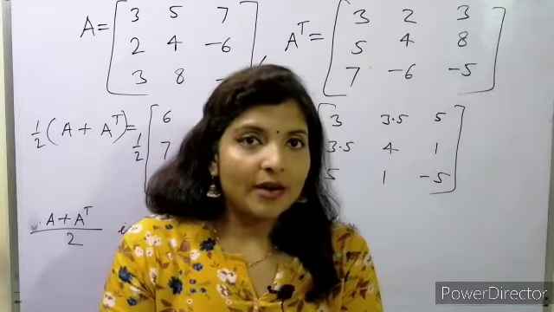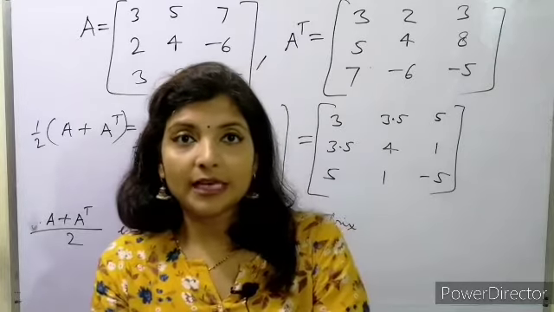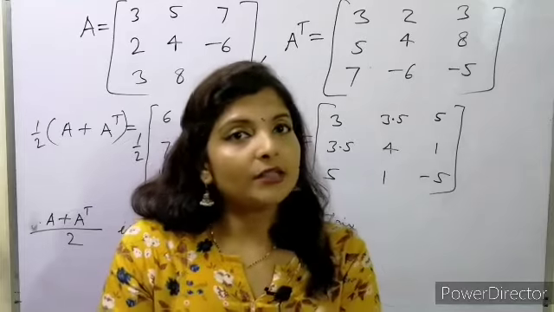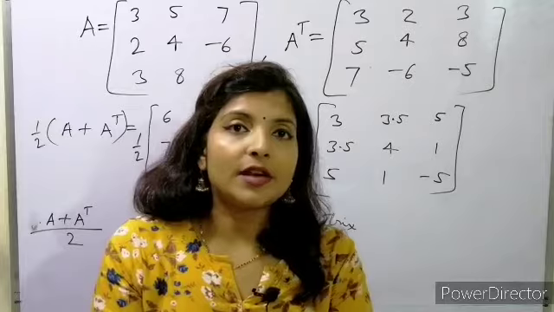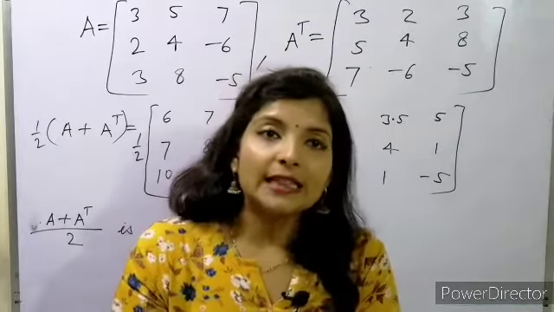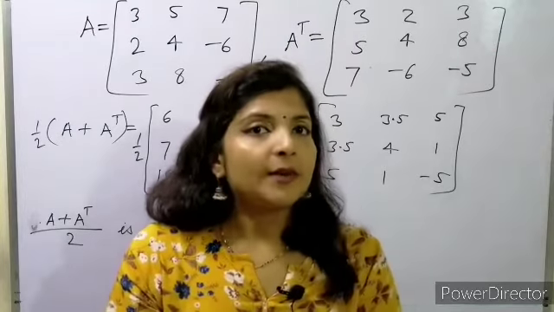So if A is a given matrix that is not symmetric, हम कैसे करेंगे? We'll find the transpose of A, add A with A transpose, and then divide the resultant matrix by 2, and we'll get the symmetric matrix.